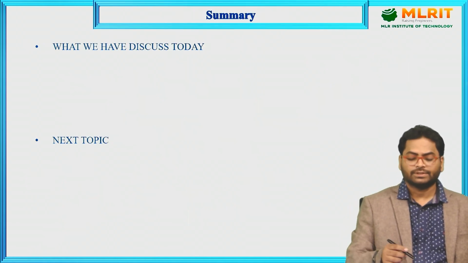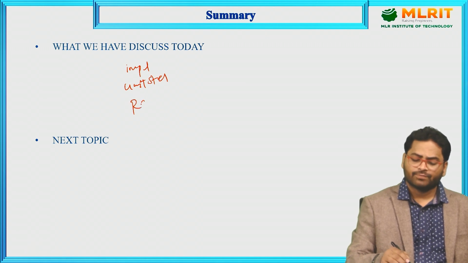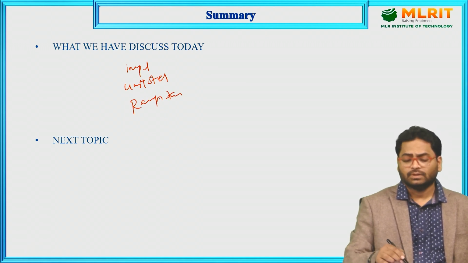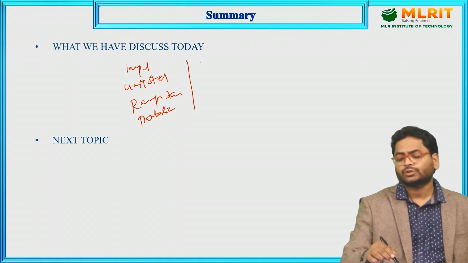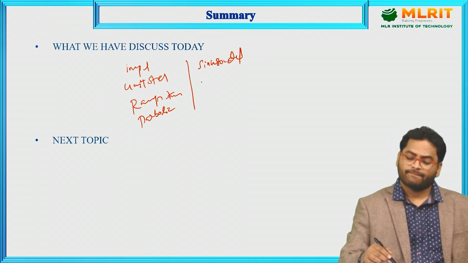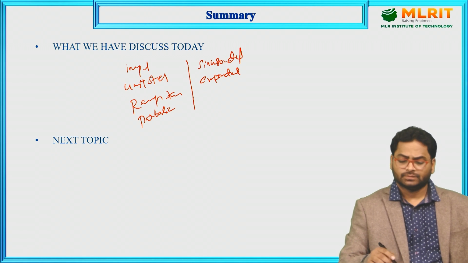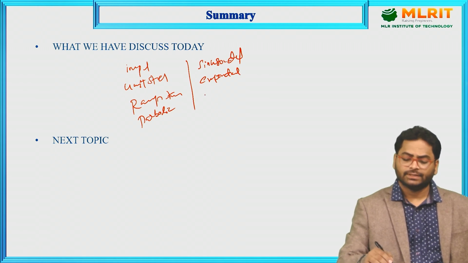So, what we have discussed: the impulse signal, the unit step function, next the ramp function, next the parabola, then the sinusoidal, next the exponential, and finally the sinc or sampling.